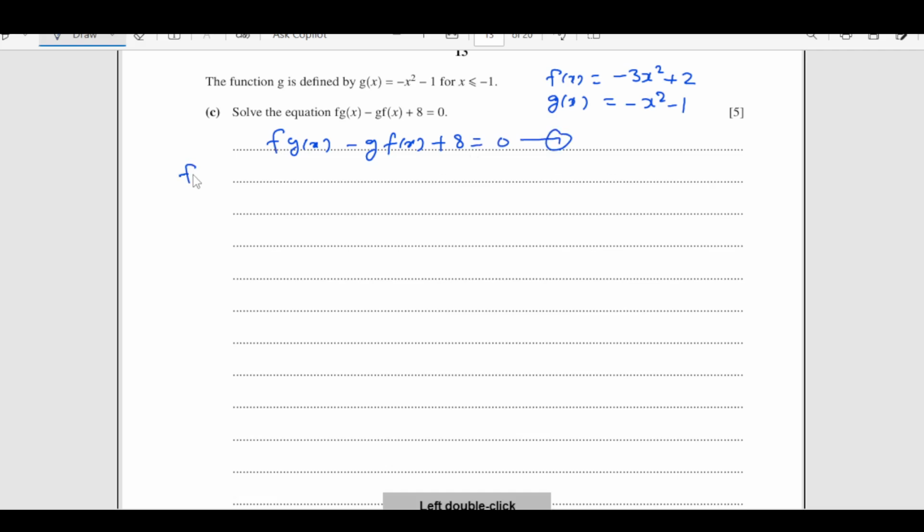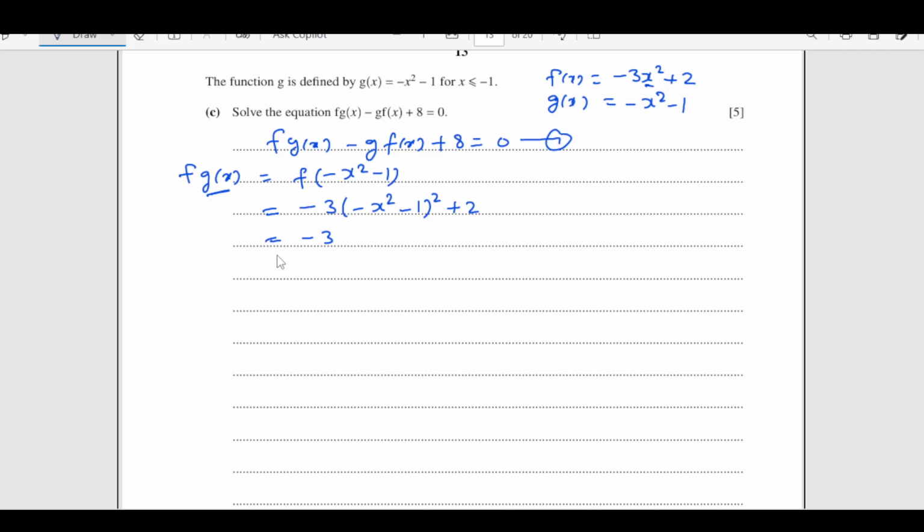Now let's find out first of all f of g(x). f of g(x) means we are replacing x with g(x), and g(x) is negative x squared minus 1, right. So then we will go back here for f(x). So just replace this x by negative x squared minus 1. So this is going to give us negative 3 into negative x squared minus 1 squared plus 2, right. So then we can expand this bracket.